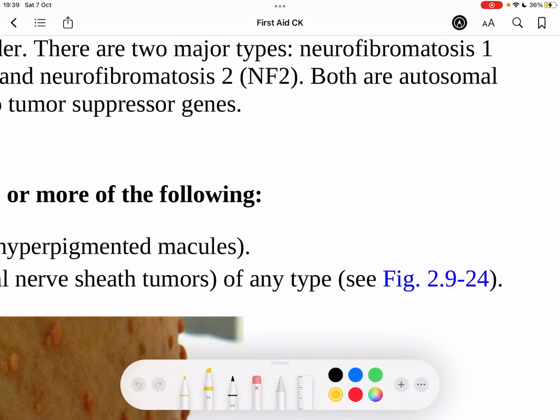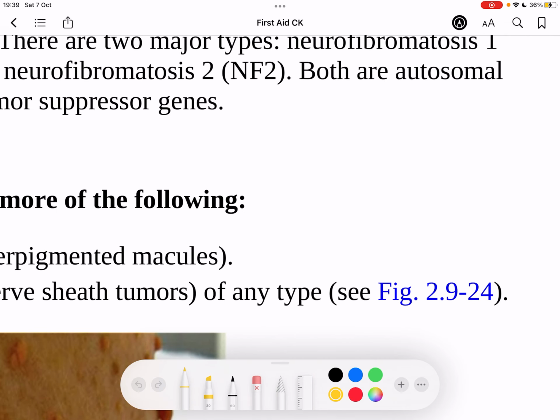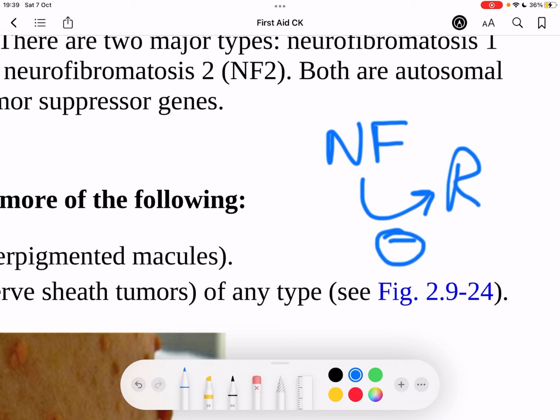I just want to briefly mention NF1 because that's the more important one in terms of pathophysiology. The NF1 gene naturally downregulates RAS, and you are most likely aware RAS is an important molecule in cell growth and cell differentiation, and if it's hyperactive, then it can cause cancer, or it can be one of the contributors to carcinogenesis.